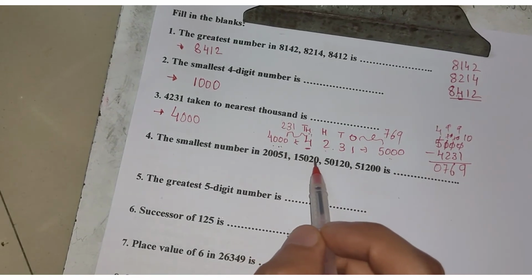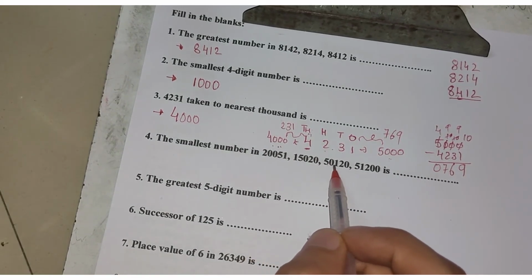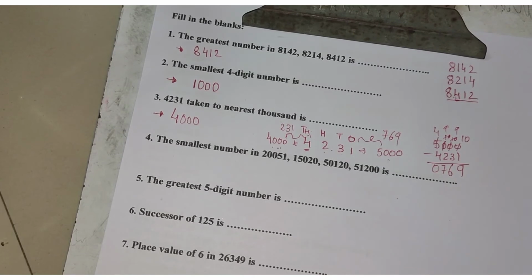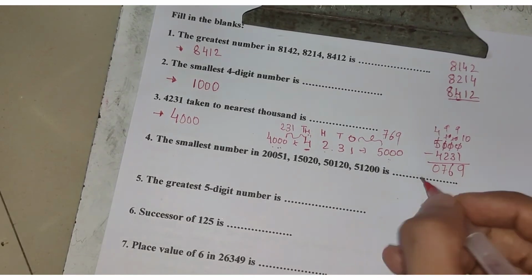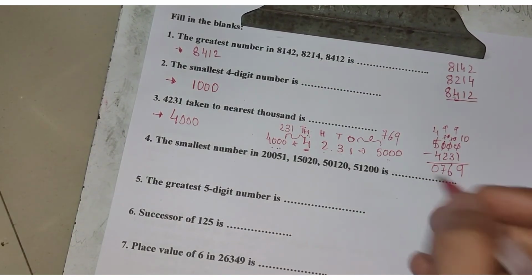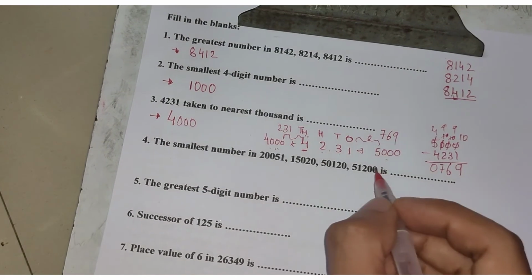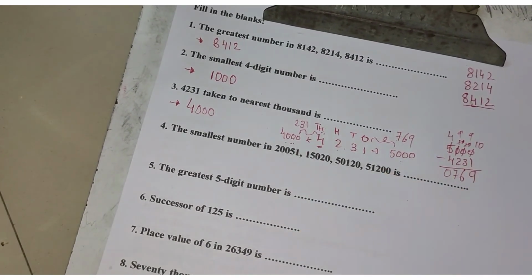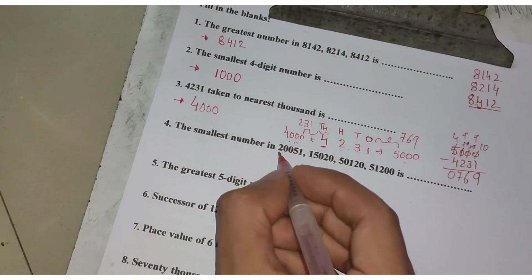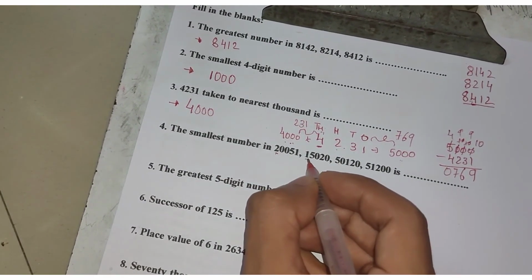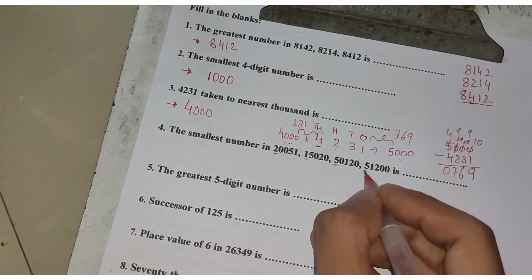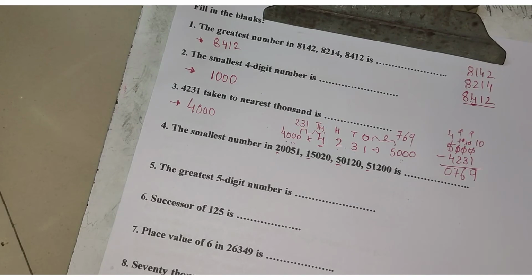Now the smallest number in 20051, 150, 50120, 51200. Okay, let us arrange, or directly we can say that all the numbers are of 5 digits, then let us compare the first digits of each number. We want the smallest one.